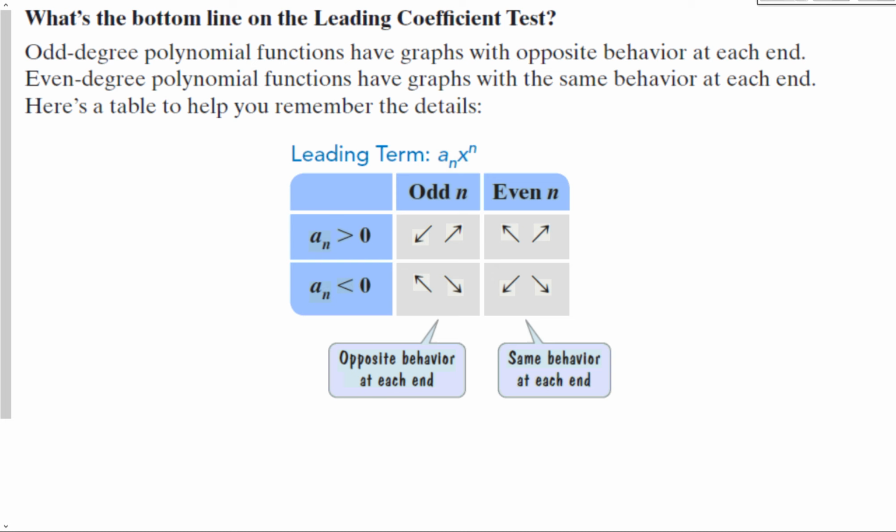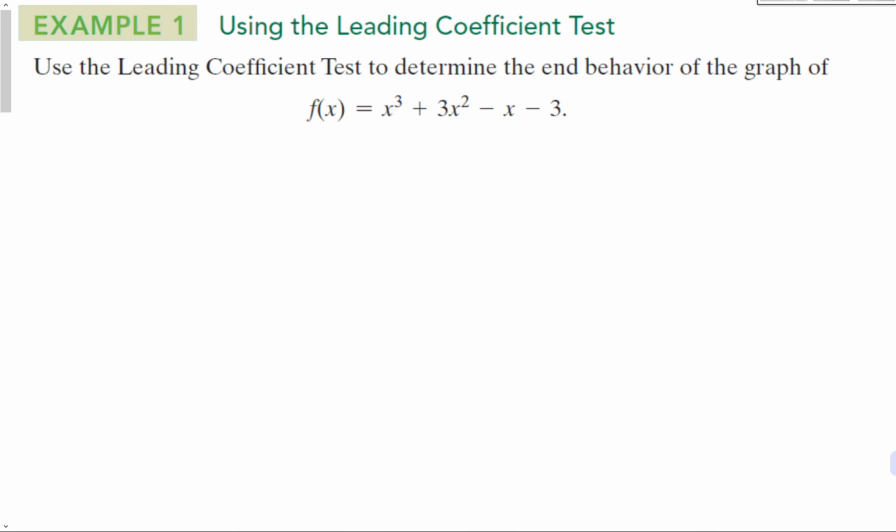Now, let's try it. Okay, so let's use the leading coefficient test to determine the end behavior of the graph of x to the third plus 3x squared minus x minus 3. So all I really care about here is that term. Okay?